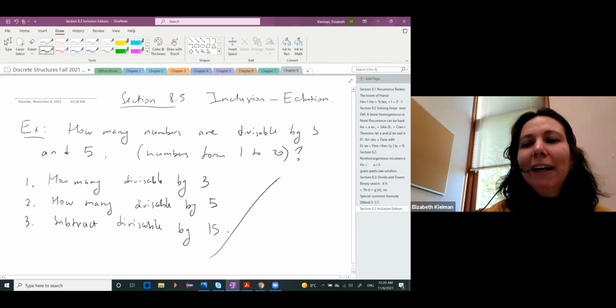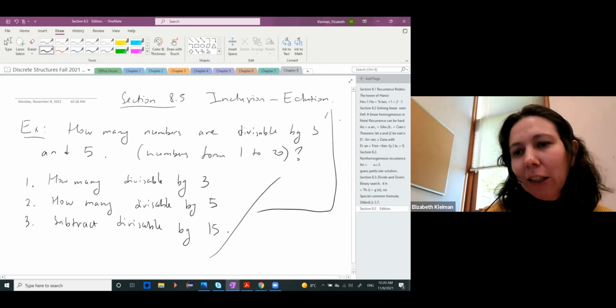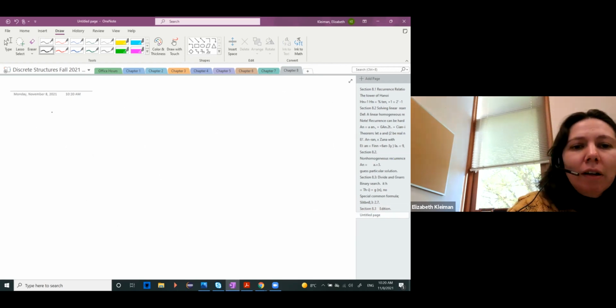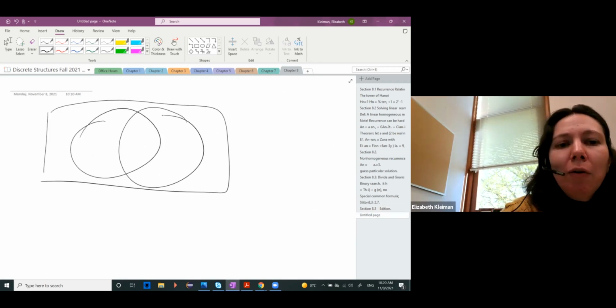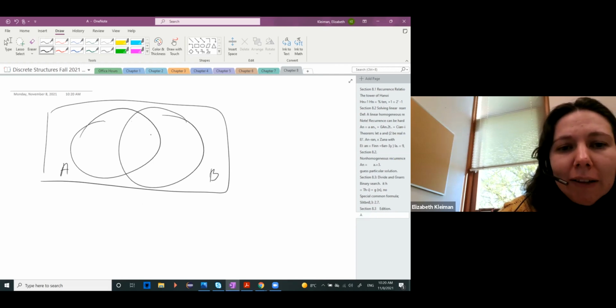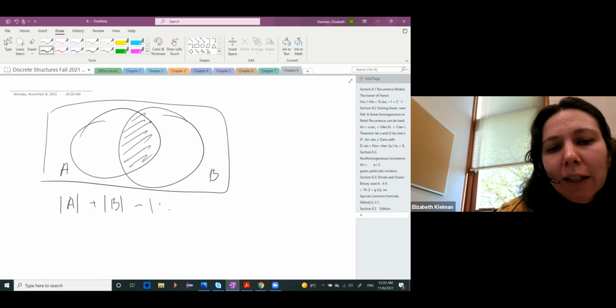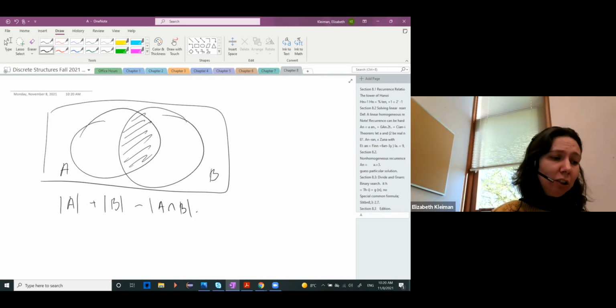So this thing has a name, and the name for it is inclusion, exclusion. If you have two sets, and I want to know how many elements are in A or B, I'll need to include A plus B and subtract what I double counted. This is called inclusion and exclusion.